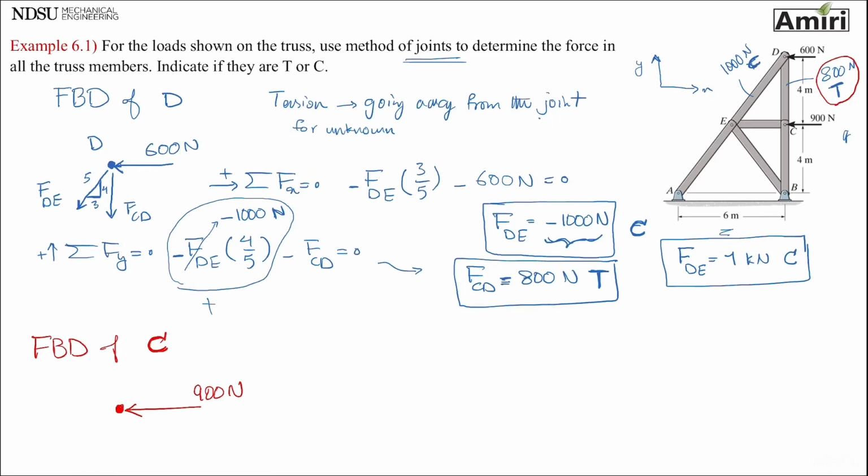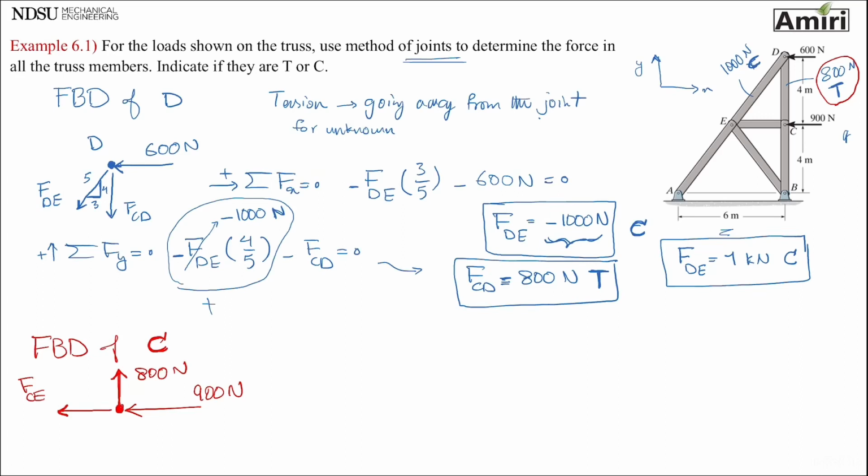That I have to pay attention to the direction of it. It is a known force of 800 and tension, meaning going away. So 800 newtons tension. I have a force CE. That's an unknown. That I can draw it in tension. FCE.